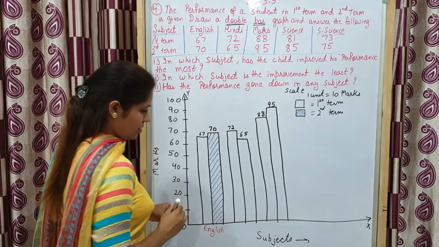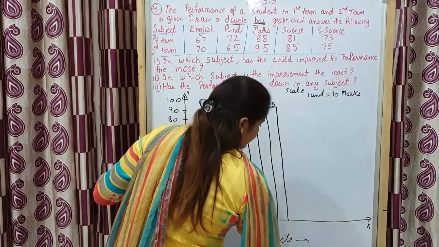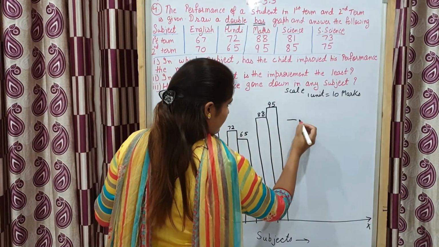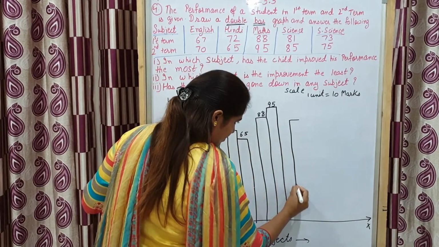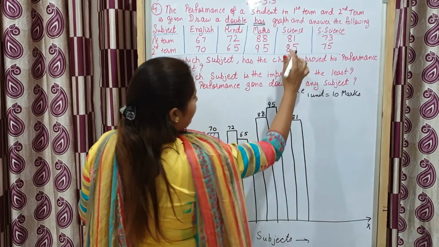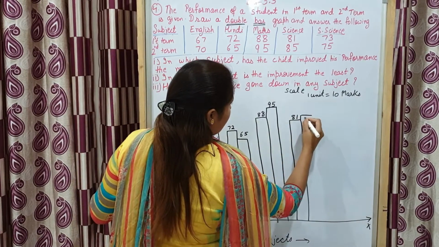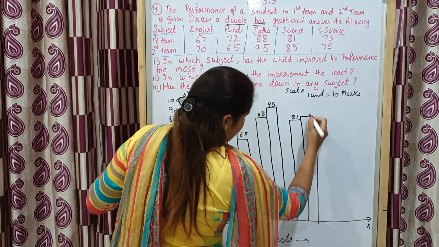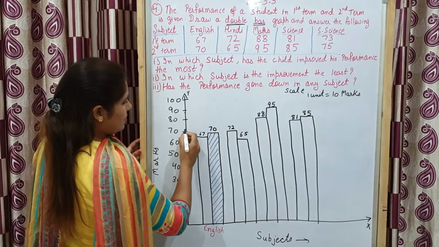I am going to erase it. Now 81. This one is student 81. Then 85, between 80 and 90. This one is 85. The next subject, social science, 73.